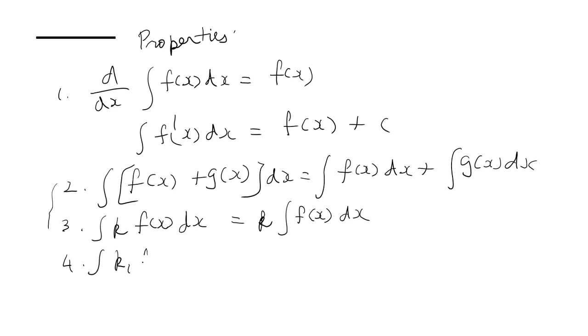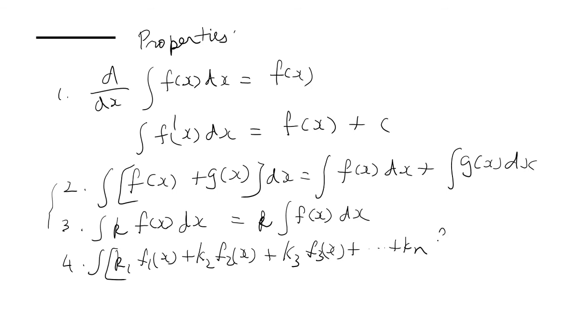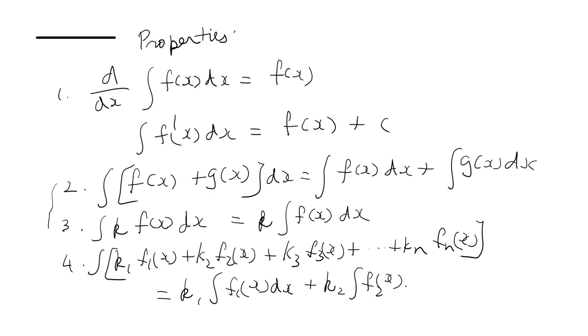Then integral k1 f1 of x plus k2 f2 of x plus k3 f3 of x plus up to kn fn of x is equal to k1 into integral f1 of x dx plus k2 into integral f2 of x dx plus up to kn into integral fn of x dx. I hope this is clear.